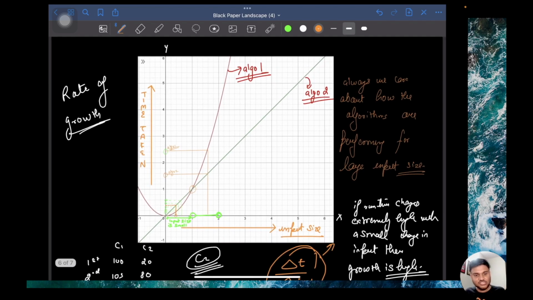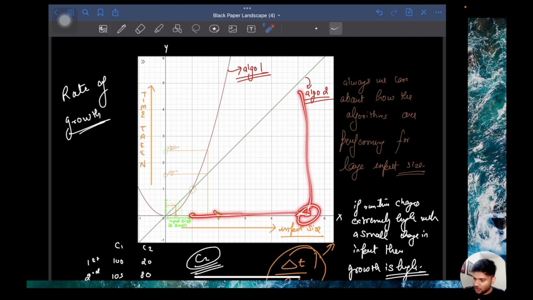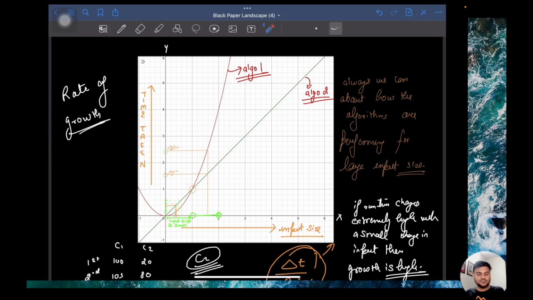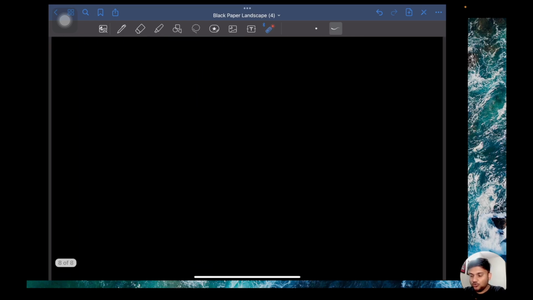So there are two observations that we can make from all of this discussion. First thing, whenever we are comparing algorithms, we don't care about small input sizes. We always care about big input size, that is, how my algorithm is going to perform on bigger inputs. Second thing, we are going to judge algorithms based on their rate of growth, that is, how fast the time is going to change with a very small change in the input. Based on these two terms, we introduce a new way of analyzing algorithms called asymptotic analysis.